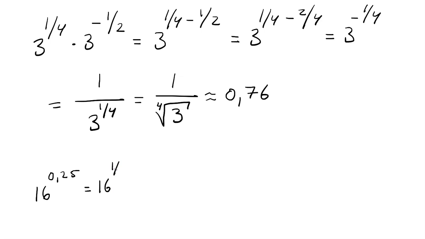So I can write it as a 4th. Then I can calculate it, because this now means the 4th root of 16. And what is the 4th root of 16? That is what we should raise to the power of 4 to get 16, and that must be 2. So 16 raised to the power of 0.25 is equal to 2.